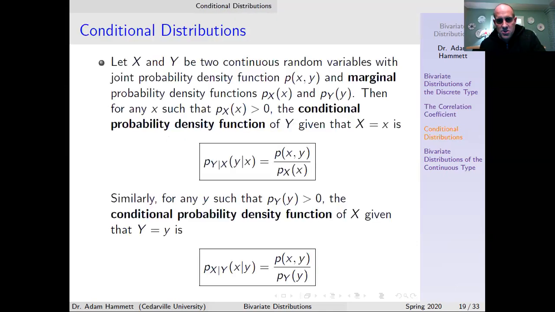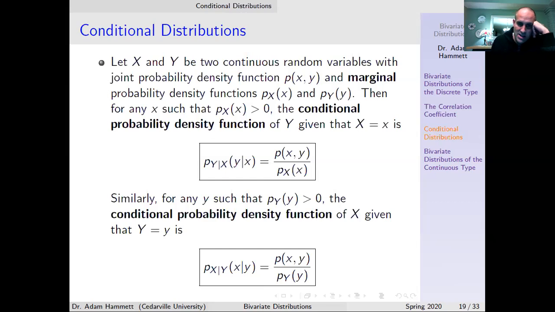X and Y are two continuous random variables with joint probability density P of XY, and marginal densities P sub X of x and P sub Y of little y. Then given any x such that the marginal is positive, and that's important because we're going to condition on big X being equal to little x, so we don't want to condition on an impossible event here.